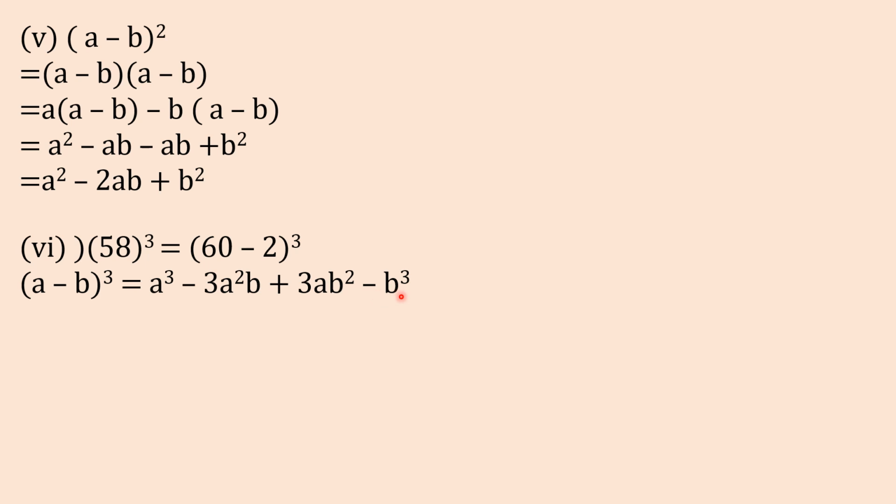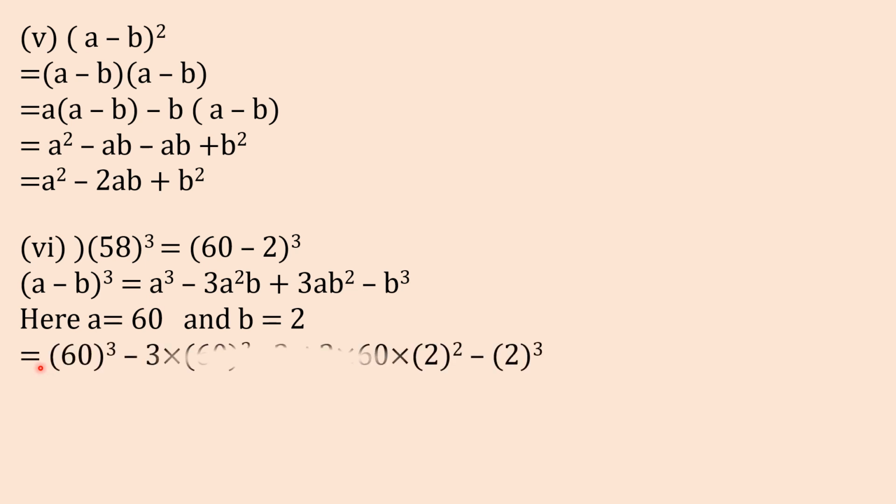Here our a is 60 and b is 2. So we'll put in the formula: 60 cube minus 3 into 60 the whole square into 2, plus 3 into 60 into 2 the whole square, minus b cube will become minus 2 the whole cube.